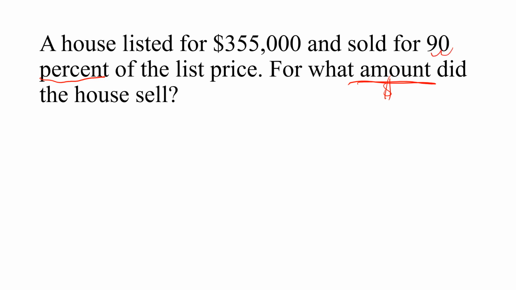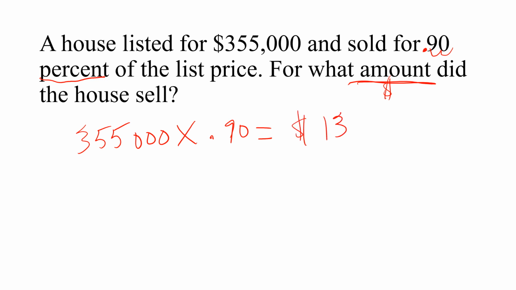So we move that imaginary decimal place 2 places, and we say 355,000 times 0.90 equals, if we do the math, 390. I got ahead of myself. It's 319, not 13. So let's see. If we do that math, it's $319,500. And that's it.